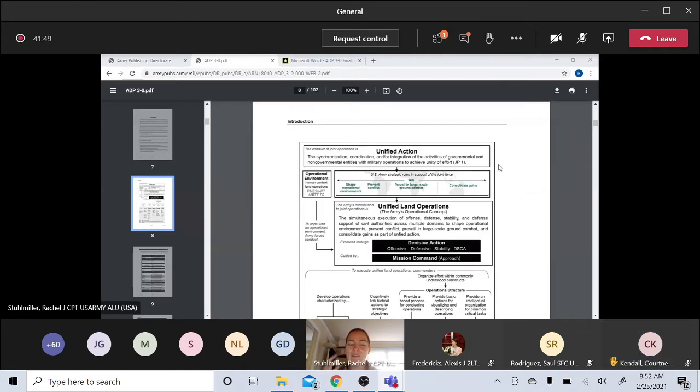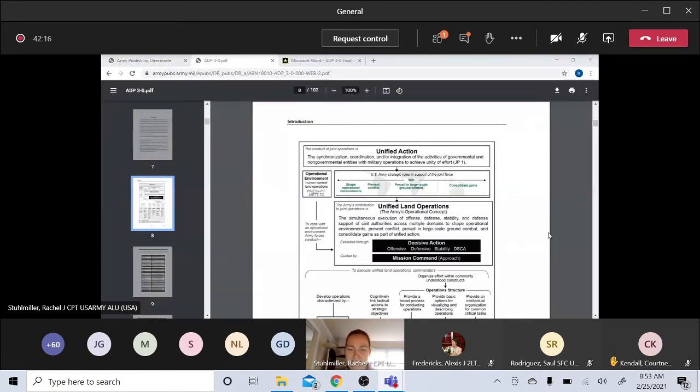So when I'm thinking of mission command, I'm thinking of the principles. I'm thinking of competence, and more of those relationships, that mutual trust that's developed between the commander and those subordinates, the shared understanding.